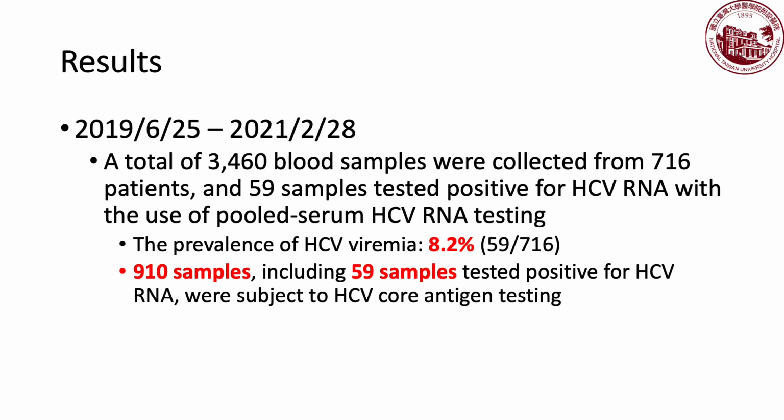During the study period, a total of 3,500 blood samples were collected from 716 patients, and 59 samples tested positive for HCV RNA with the use of pooled HCV RNA testing, leading to a prevalence of HCV viremia of 8.2%. 910 samples fitting the selection criteria, including 59 samples positive for HCV RNA, were subject to HCV core antigen testing.